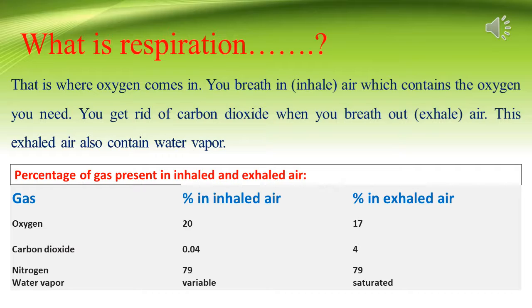This extra carbon dioxide comes from the blood into the exhaled air. The third gas is nitrogen, which is roughly 79% in inhaled air, and it remains the same 79% in exhalation because it has no use in respiration. When we inhale, the air contains a variable amount of water vapor, but when we exhale it becomes saturated.